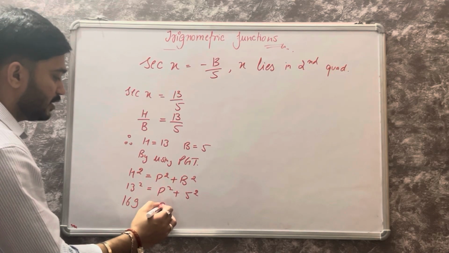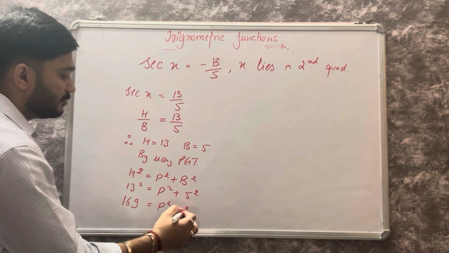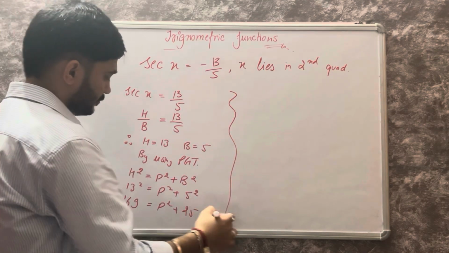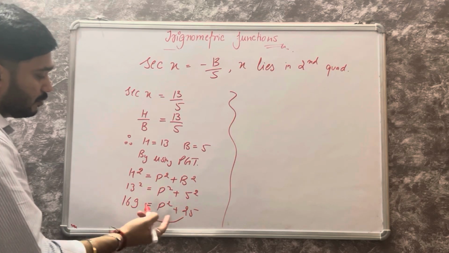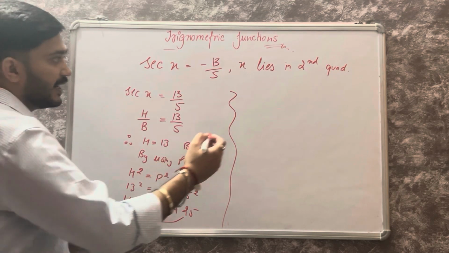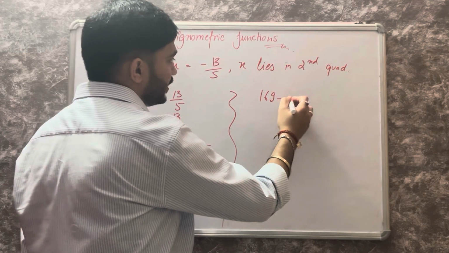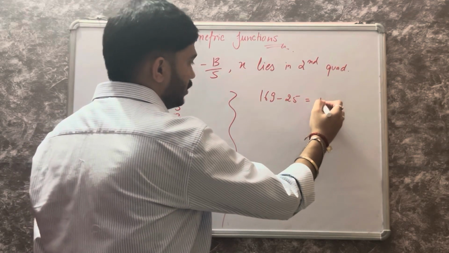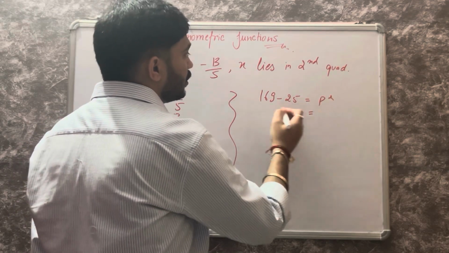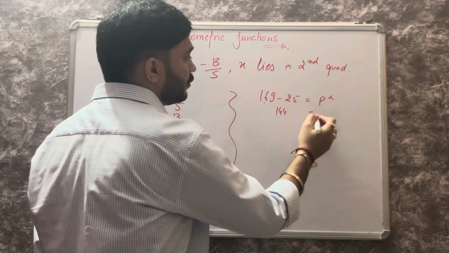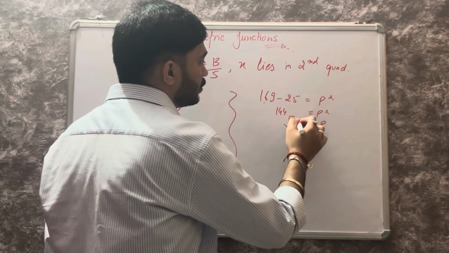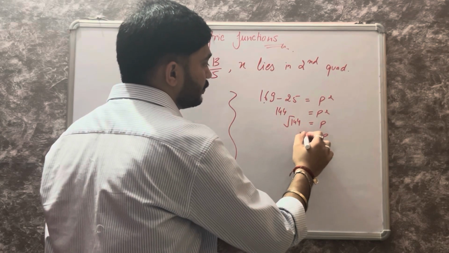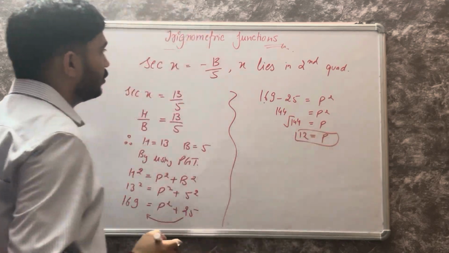P square will remain as it is, and 5 square is 25. Here the 25 is adding, so on the other side of equal to it will get subtracted. 169 minus 25 is equal to p square. After subtracting we will get 144, that is p square. Under root of 144 is 12. So the value of p is 12.